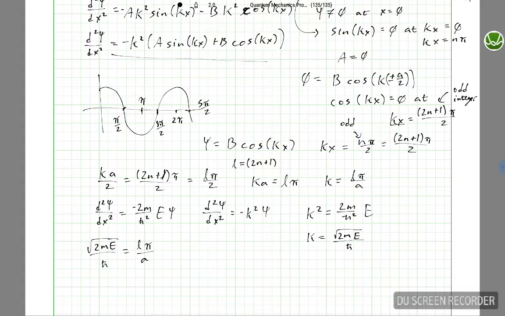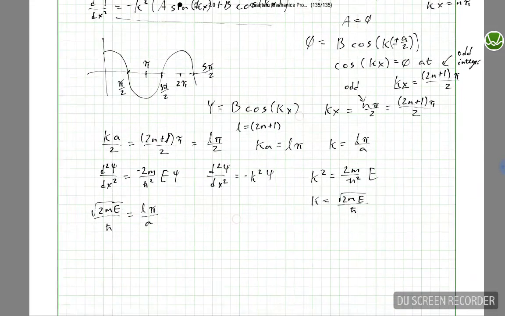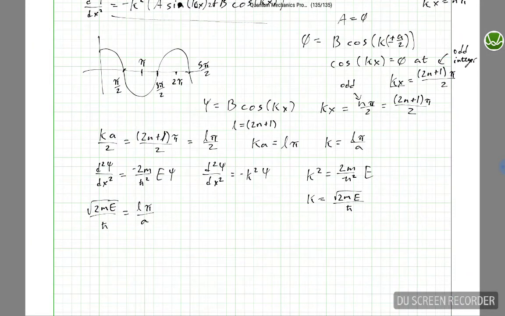Don't get too attached to L. It is used for other quantum numbers. You could just use an n. It just kind of annoys me. I want to keep it straight that it's odd. Now if I want to solve for energy, we see that we get pretty much the same exact thing that we had for our other energy levels.